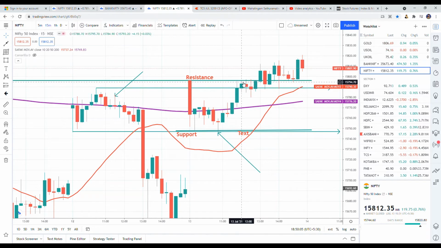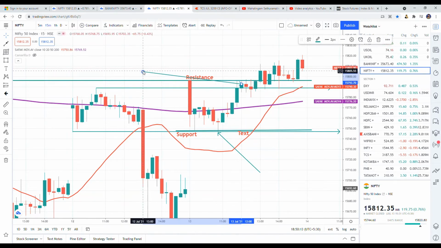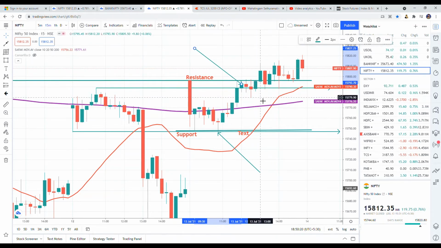See if there are any sellers coming for action at this price, but the sellers failed here. How? The price is not able to cross its previous candle close.